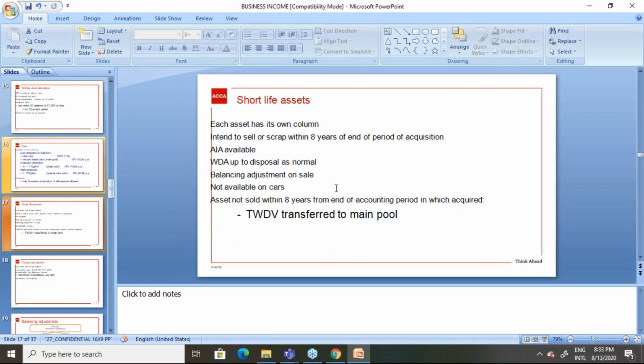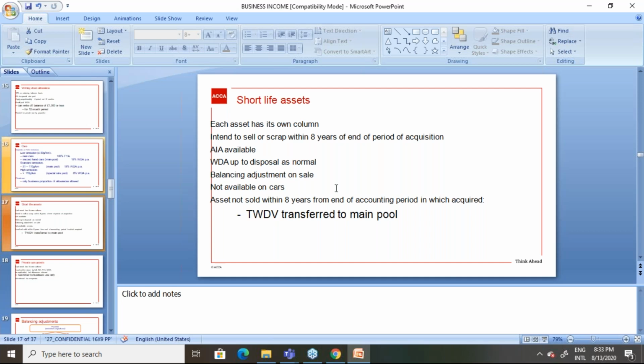Then short life assets, not a very important one, but since it's there, I just explain it. If you have bought the asset with the intention of selling it within a period of 8 years, you maintain a separate column and you claim normal WDA on this until you dispose the asset. That is at 18%.